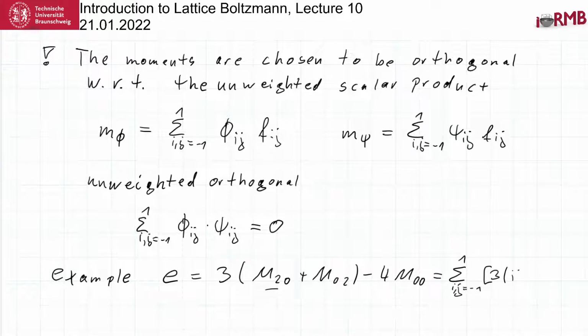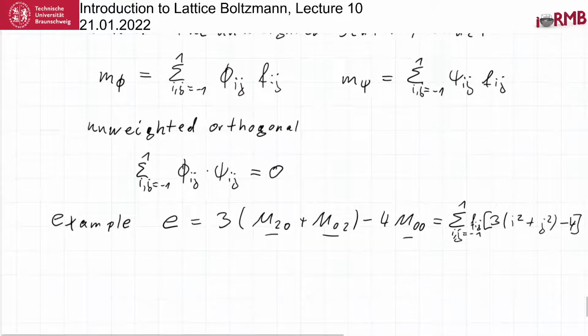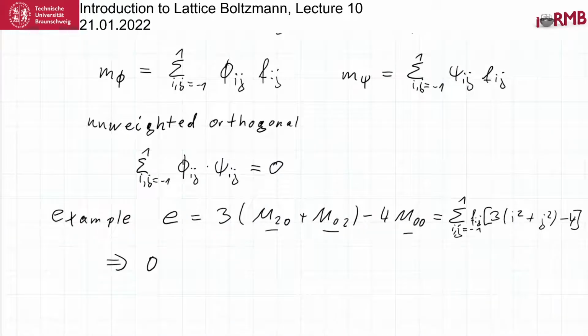This is i square. Then we get to this moment plus j square minus 4. Because this here has no prefactor and this goes into fij, which implies that phi ij is equal to 3i square plus j square minus 4.